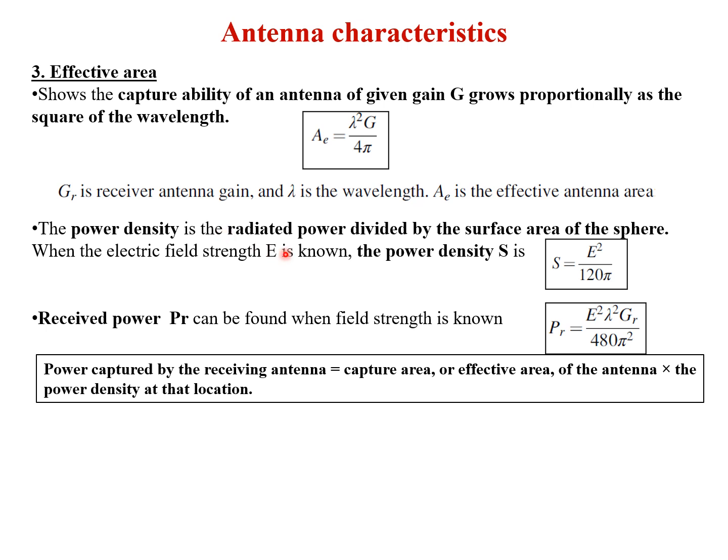If the electric field strength is E, then the power density is given by the formula E squared by 120 pi. The received power can be calculated when the electric field is known by using the formula PR equals E squared lambda squared GR divided by 480 pi squared. So the power captured by the receiving antenna is its effective area times the power density at that location.